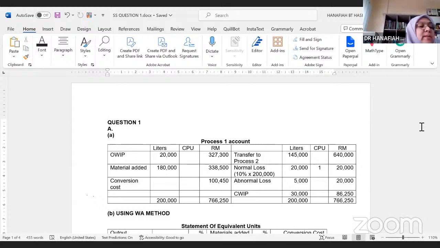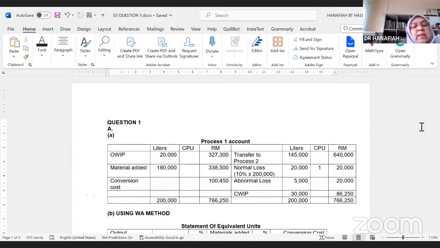Cost of material added for the month is 338,500. And conversion cost is 10,450. The normal loss is 10% of input and can be sold at 1 ringgit per liter. The weighted average cost method is adopted for valuation of work in progress.